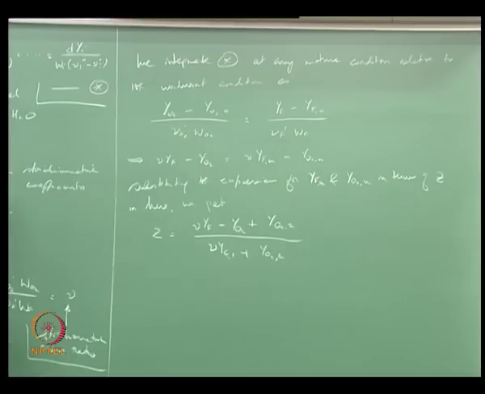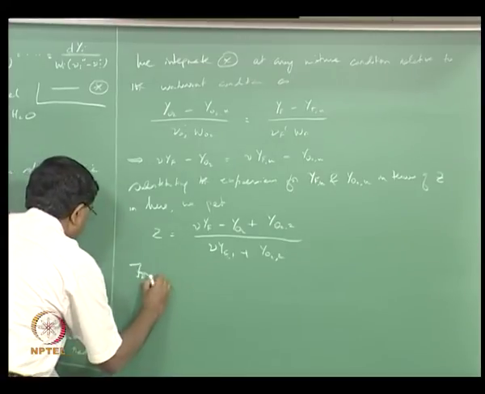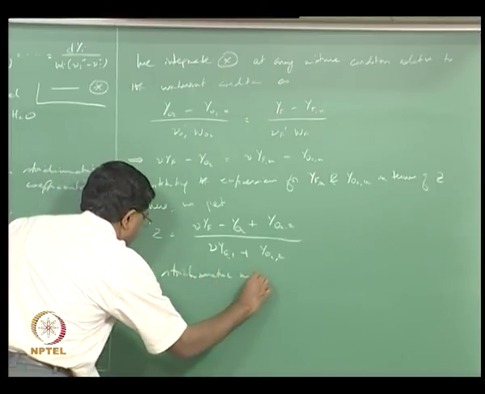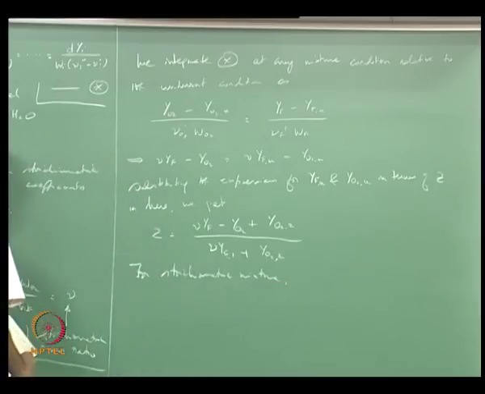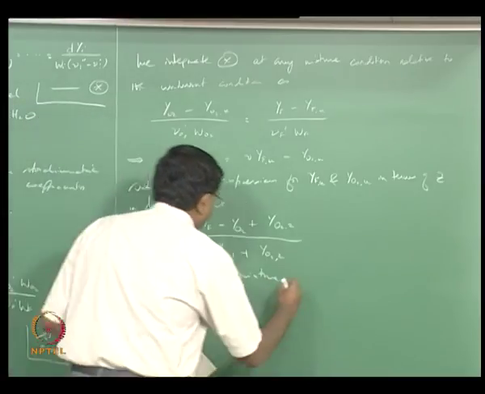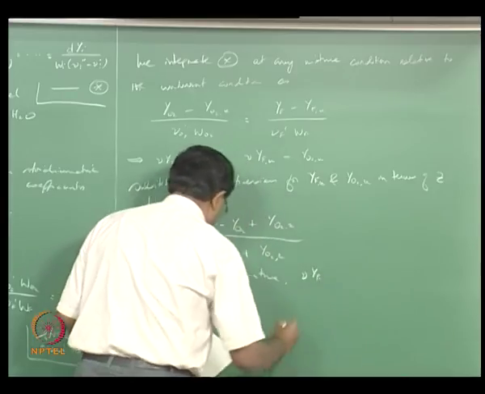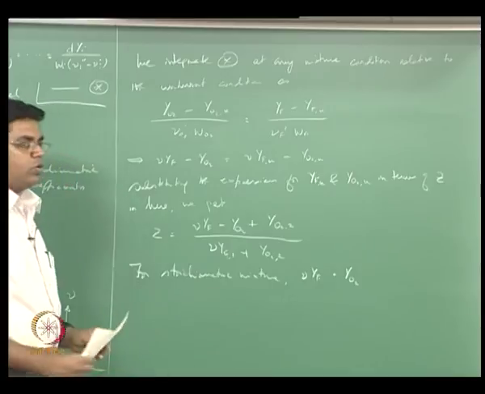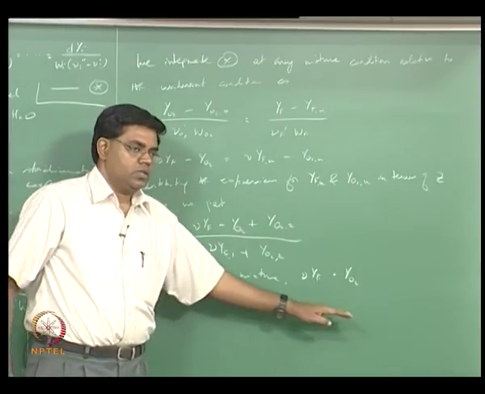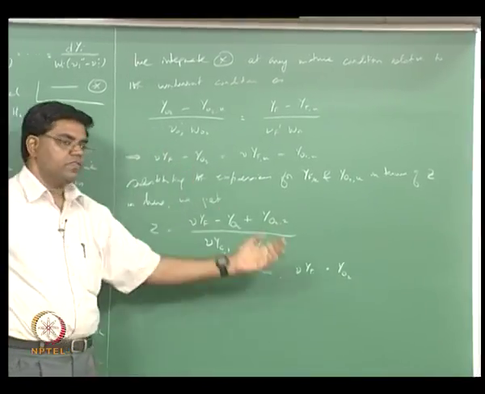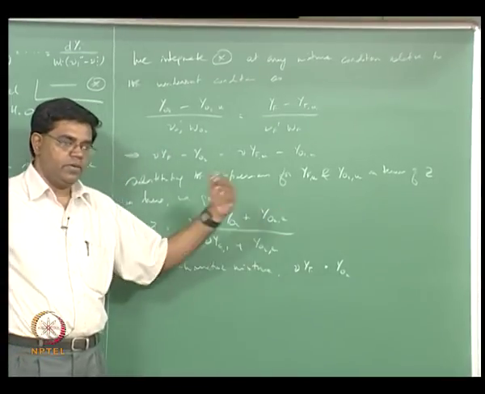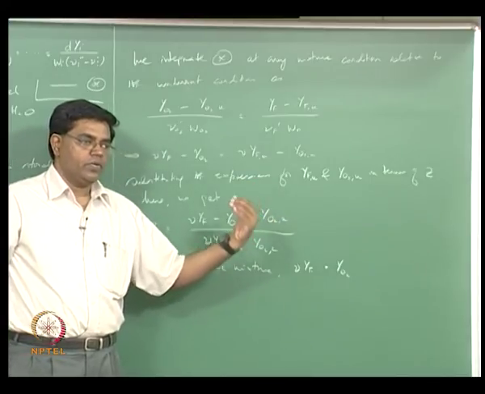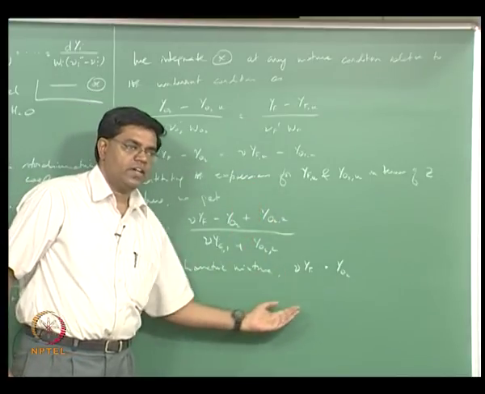So for a stoichiometric mixture, nu YF should be equal to YO2. In fact, this is what we had also got for the Burke-Schumann solution, where we said gamma is equal to 0 means beta is equal to 0, that means alpha F minus alpha O is equal to 0, right, and that amounted to exactly this.